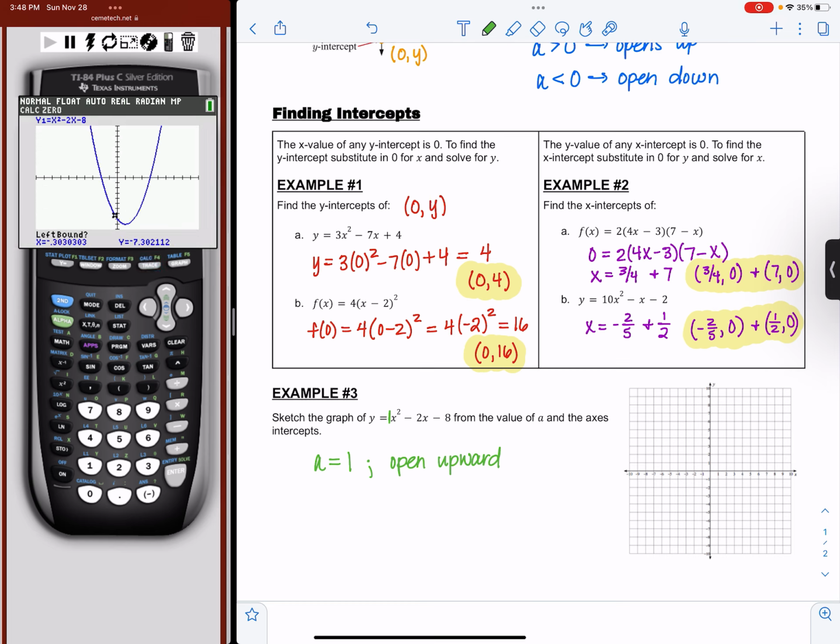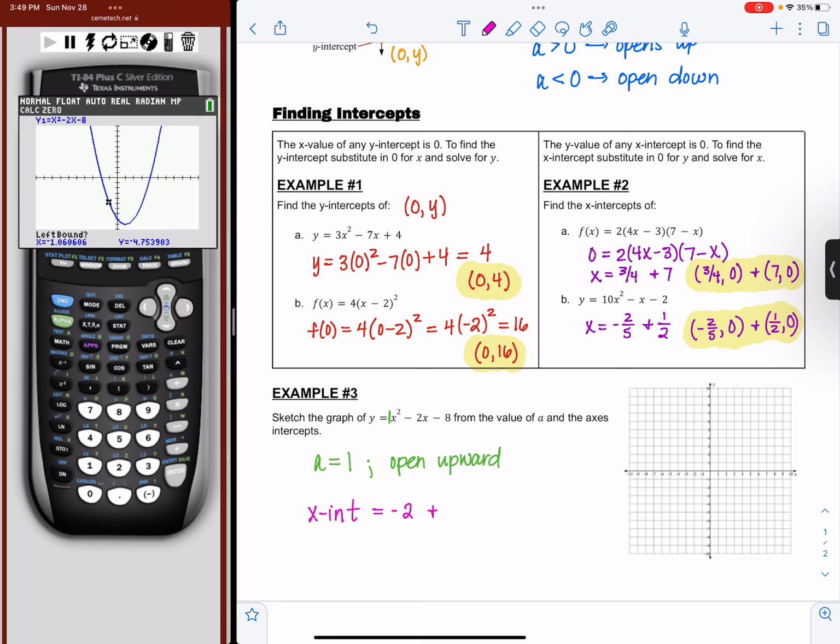I need to go to the left side, on top of the left intercept. I go to the left and press enter, then go over to the right and press enter again. So one x-intercept is at -2.